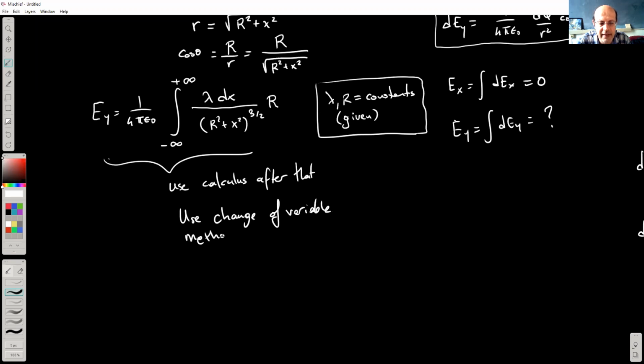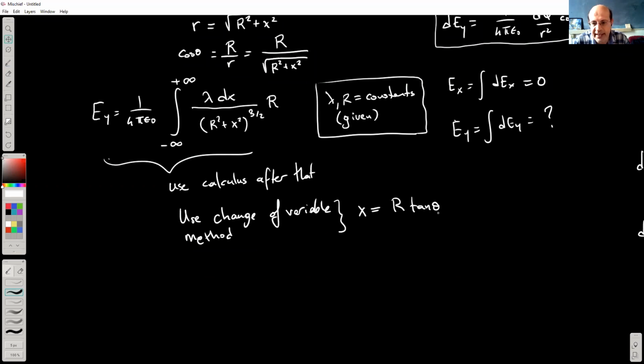In the change of variable method, you just replace the variable of integration with some other variable. In these kinds of situations, you probably have learned in calculus that you have to replace the variable with r times tangent theta. So that simplifies this expression. If you want to do it like that, go ahead, but I'm not going to solve the problem like that. But this is the way that people do.